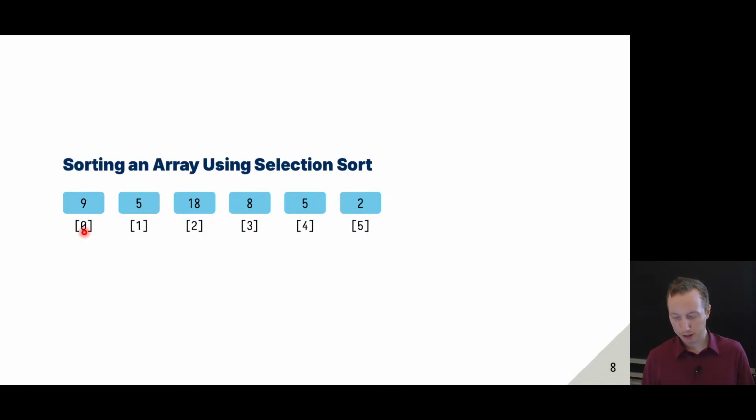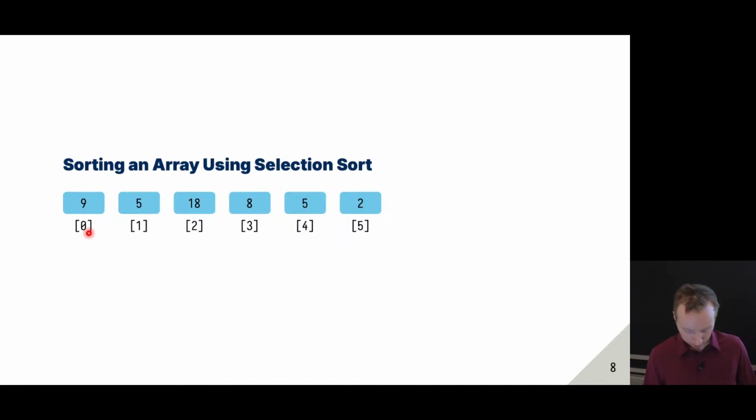I'm trying to find the index of the smallest number in the rest of the array. And initially, I say that the smallest index is equal to 0. So I start off comparing everything to 9. So that's why I started at I plus 1.